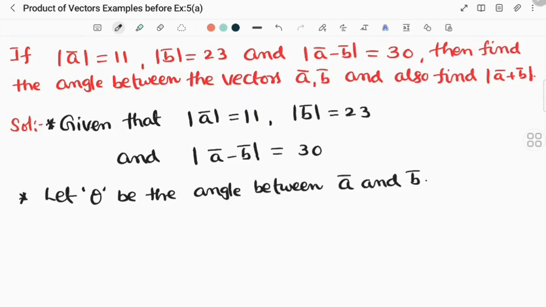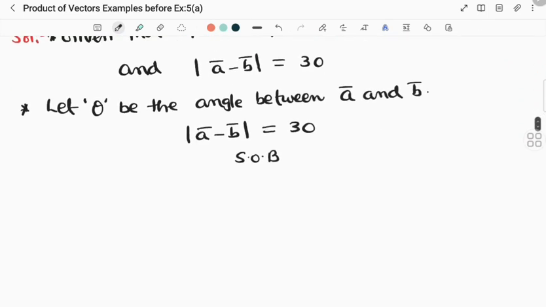So therefore, the angle between A bar and B bar is there now. For this, squaring on both sides means it will become mod A bar minus B bar whole square.